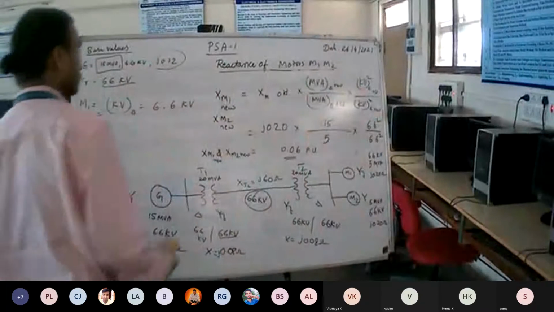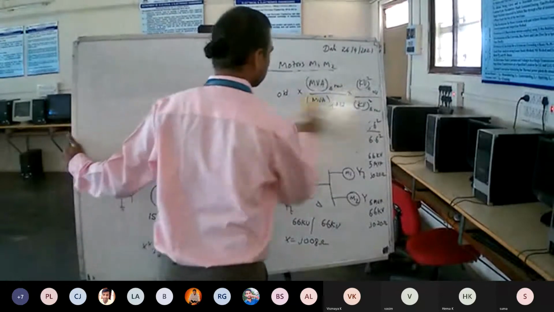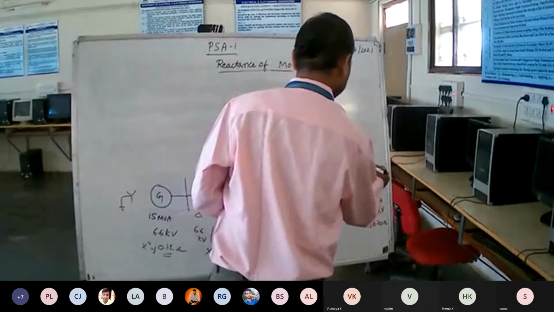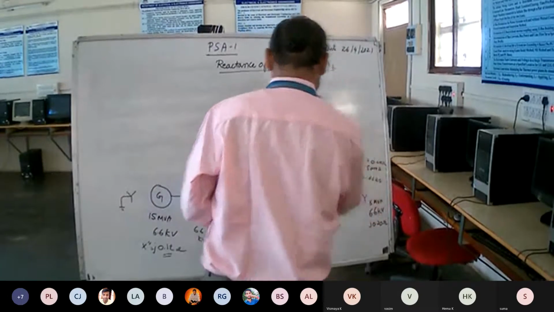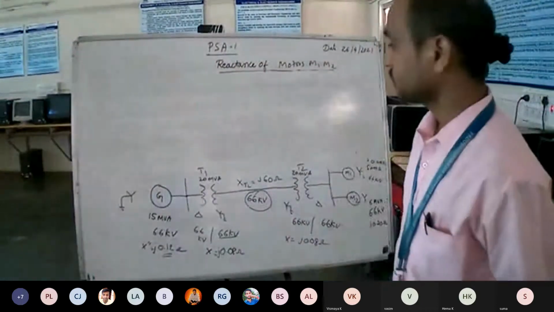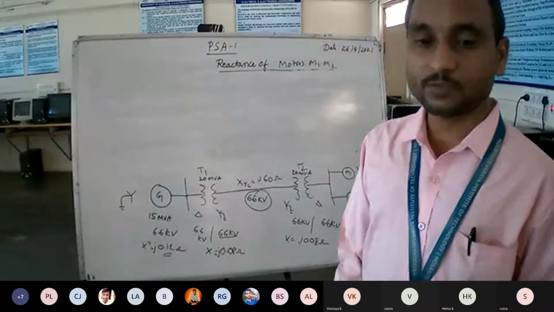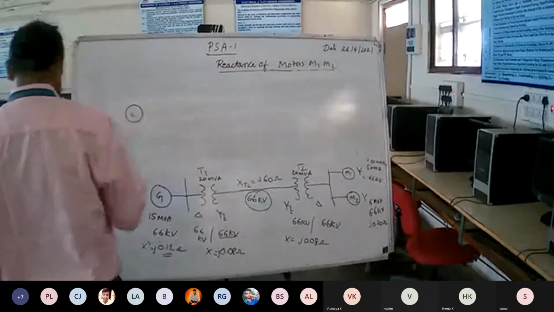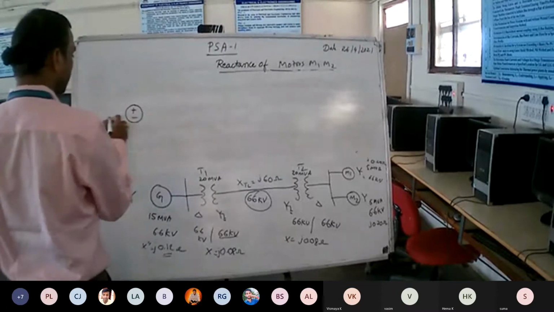How do we represent the generator? A voltage source in series with the reactance, positive and negative.